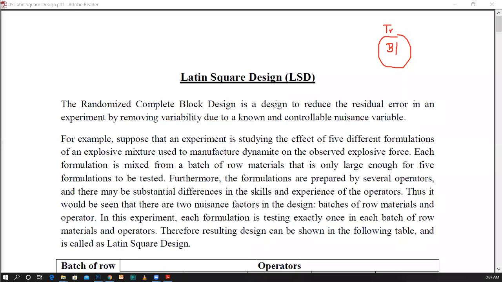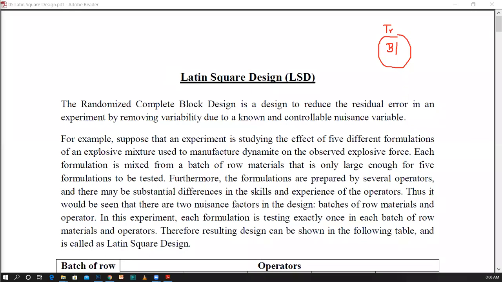For example, if you are testing some formulation, then the cost to make such a formulation may be very high. Due to the unavailability of money or material, sometimes we have to limit our treatments. In such situations, we can say that the Latin square design would be an appropriate experimental design.